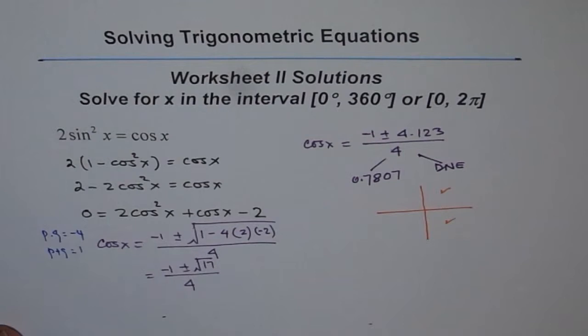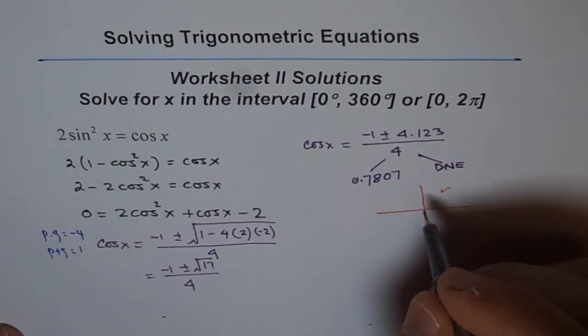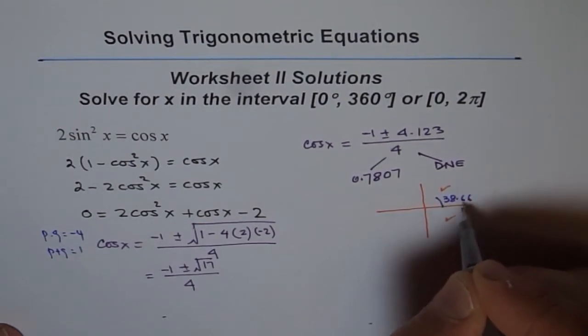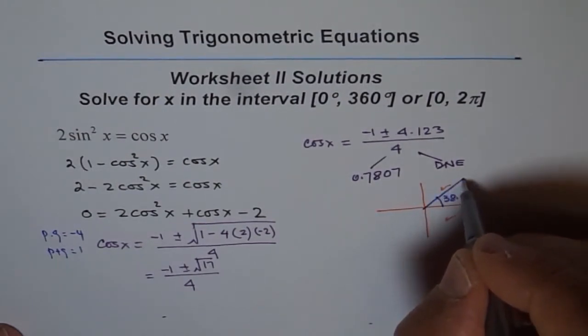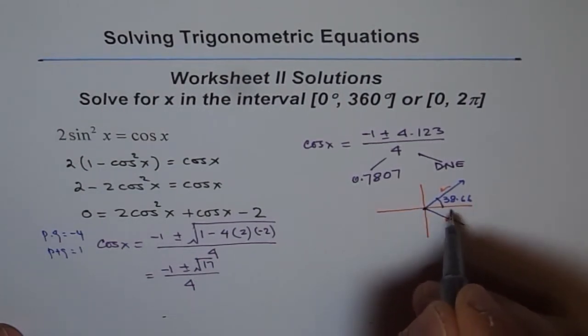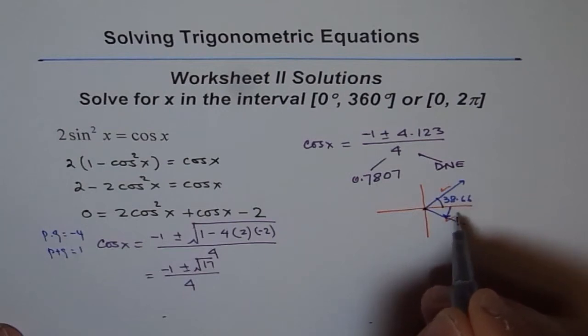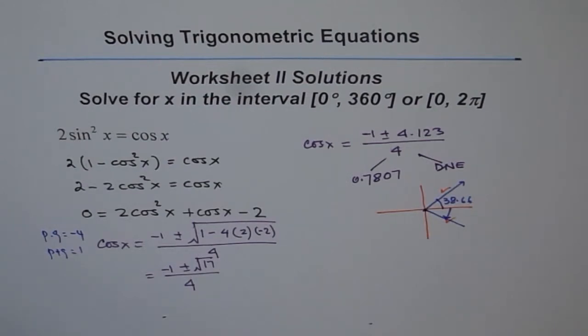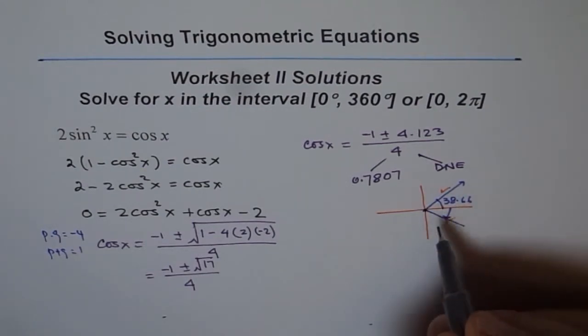First, let's do cos inverse of our answer, and we get 38.66 degrees. That's one solution. The other solution will be in quadrant 4 and that will be minus 38.66, correct? So we'll end up with two different solutions in this case.